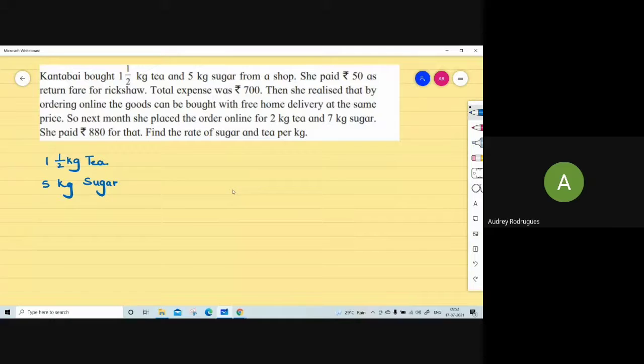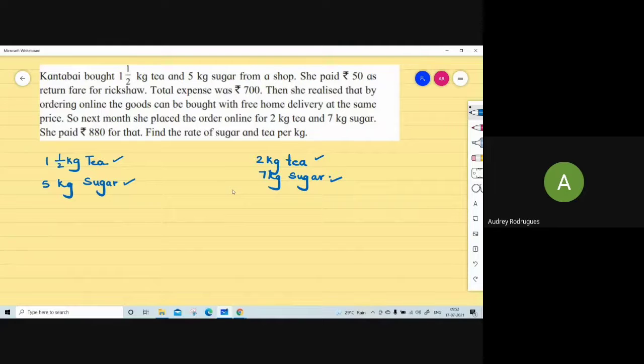Again, there is something mentioned about tea, which is 2 kg, and 7 kg sugar. Now, students, which are the two terms that are mentioned many times in the whole question? Sugar and tea. Tea and sugar. Weight of sugar and tea. Tea and sugar, weight, exactly.